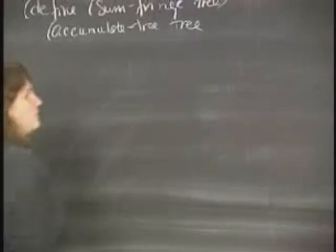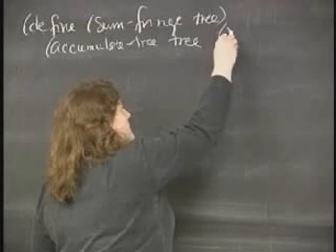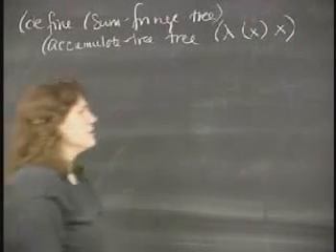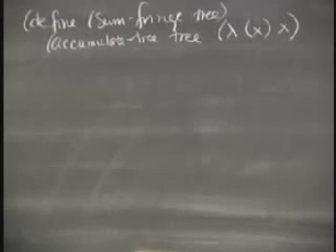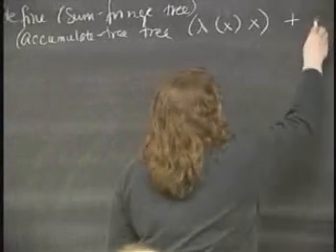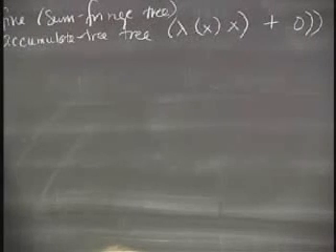The term is what? Identity, which we write as lambda x x. Okay, there's our term procedure. What's going to be our combiner? Plus. And our null value? Good.